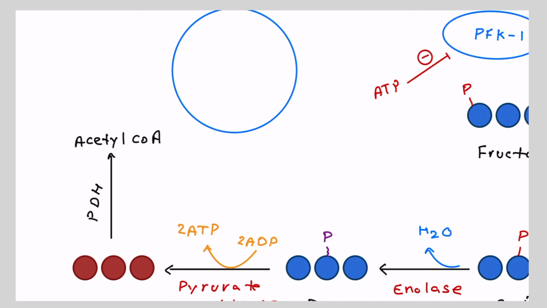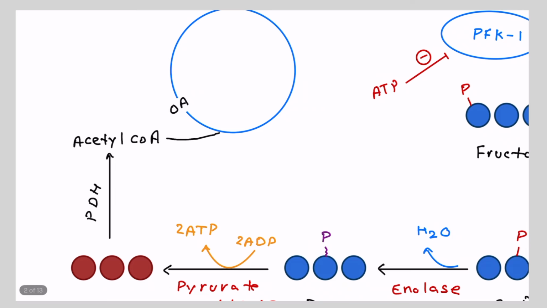Our TCA cycle starts with a molecule called oxaloacetate. We're going to talk about this more in the TCA cycle video. It's reacting with acetyl coenzyme A, and it's giving us a molecule we call citrate.